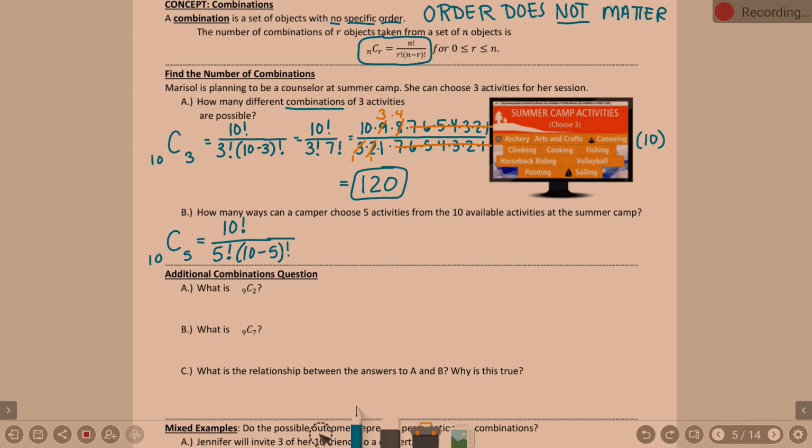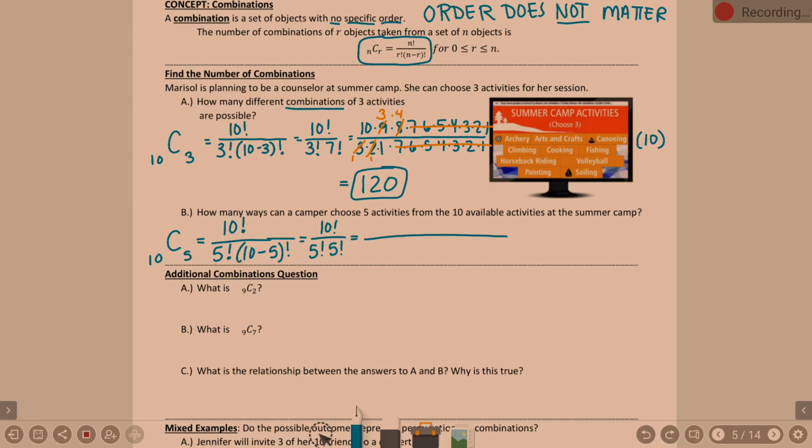So on top it's n factorial. On bottom it's r factorial. And 10 minus 5, or n minus r factorial. So, if I clean this up before I start writing it out, 10 factorial over 5 factorial times 5 factorial.